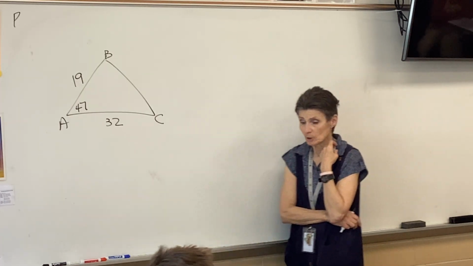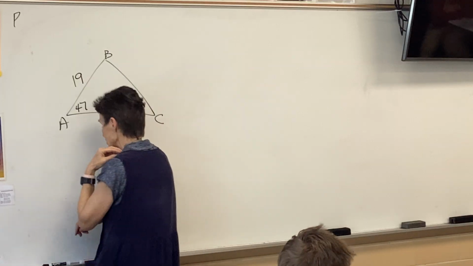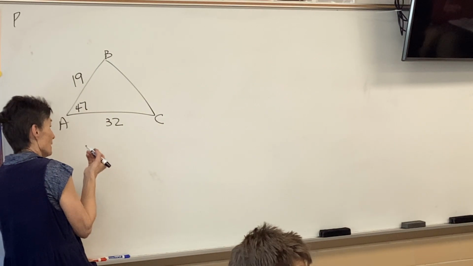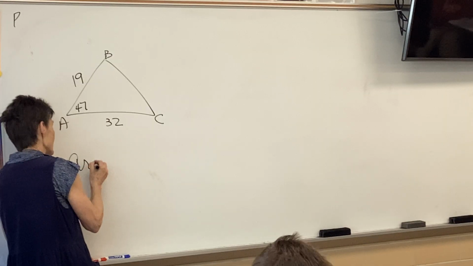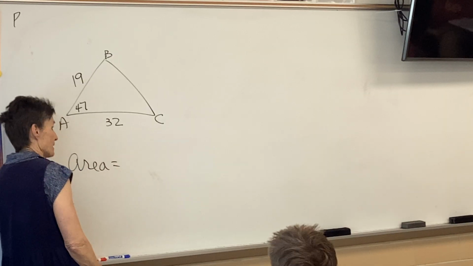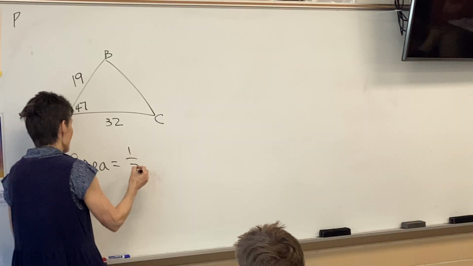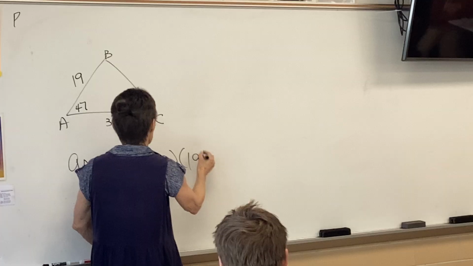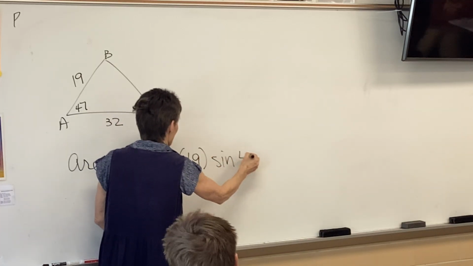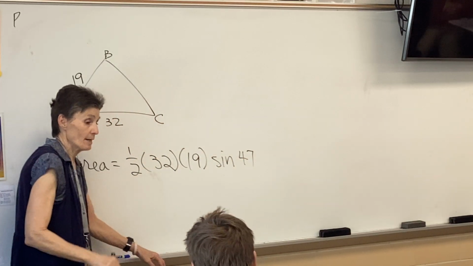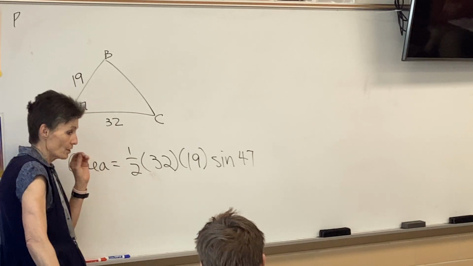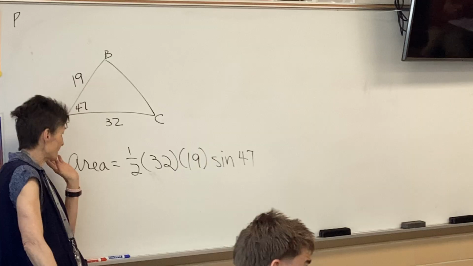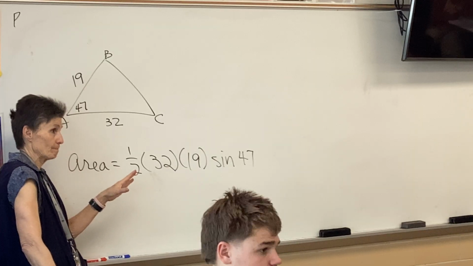This is derivable. We don't have time to get into it, and I don't think any of you are very interested in it anyhow, so I'm just going to tell you. The area of this triangle is incredibly easy. It's 1/2 times 32 times 19 times sine 47. In other words, I do no work. I just type it in on my calculator.